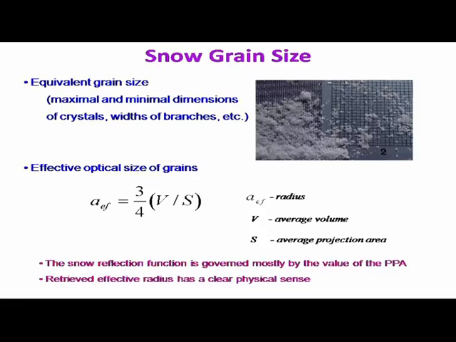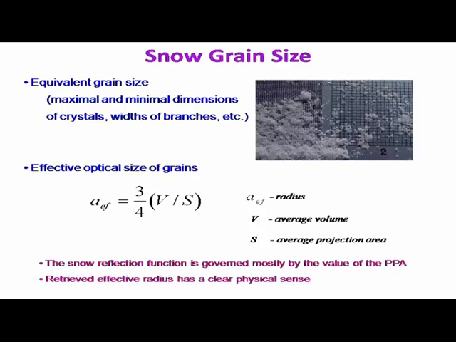But using the optical sensor, we define the effective optical grain size as the ratio of the average volume of the snow grains to the average projection area, that is, volume to surface area.